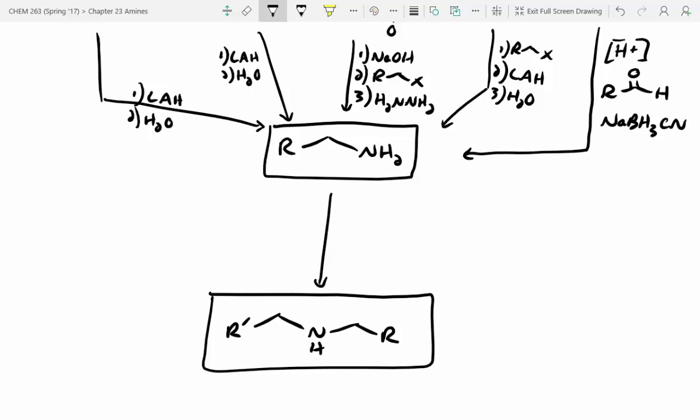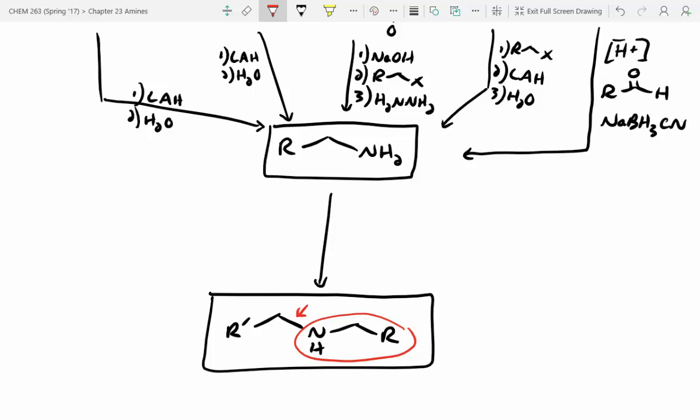We could still do the reduction. So if we look at our starting material, this part is the same as what we started with. We're forming a new carbon-nitrogen bond right there. So which method do you think will work? Probably reductive amination, right?